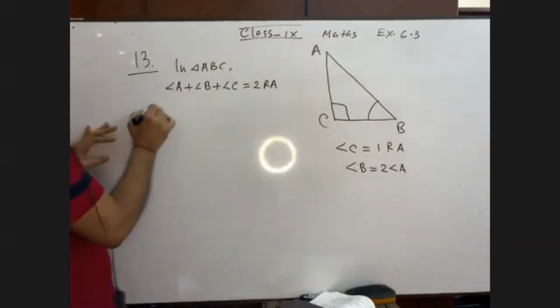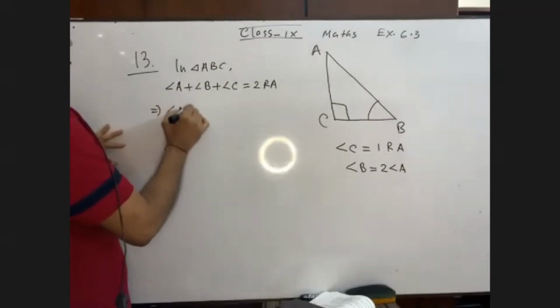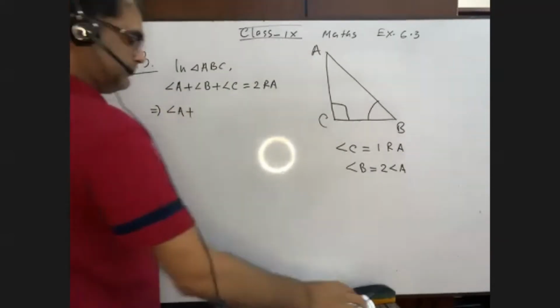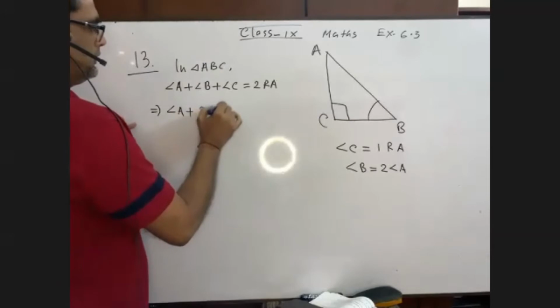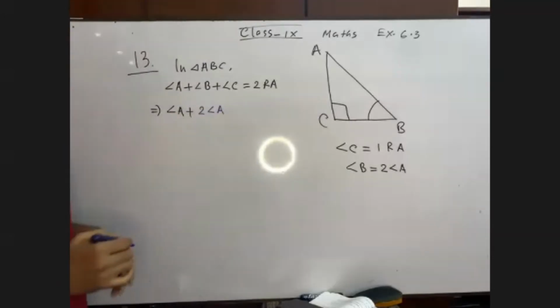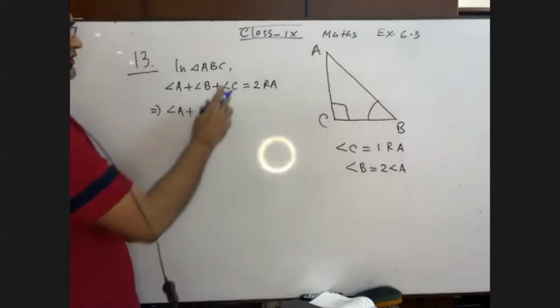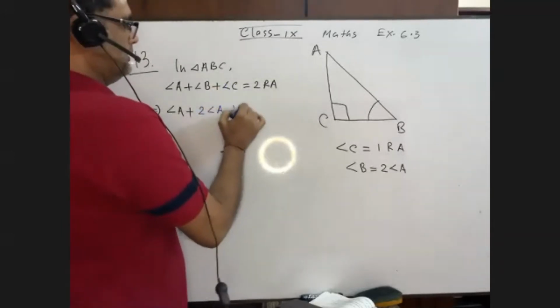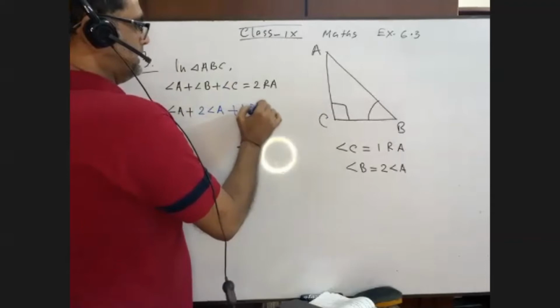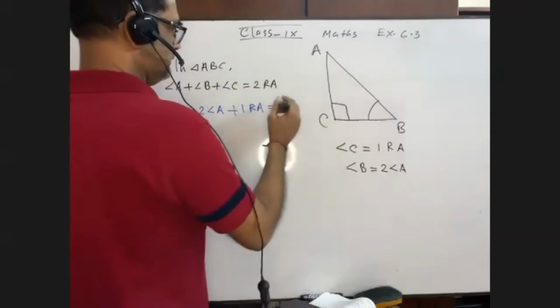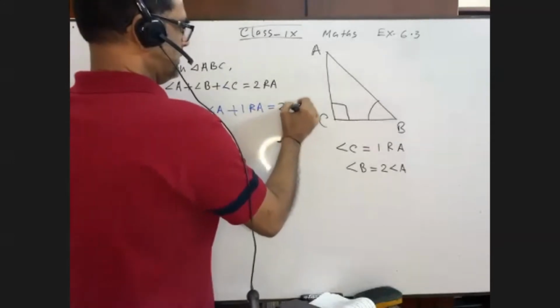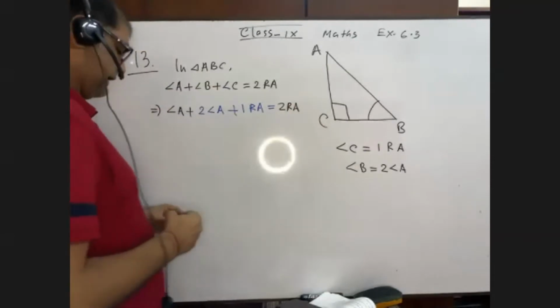Here we get angle A is angle A. What is angle B? Twice angle A. I have put the value, angle B equals twice angle A. Then angle C equals 1 right angle, and the sum is equal to 2 right angles.